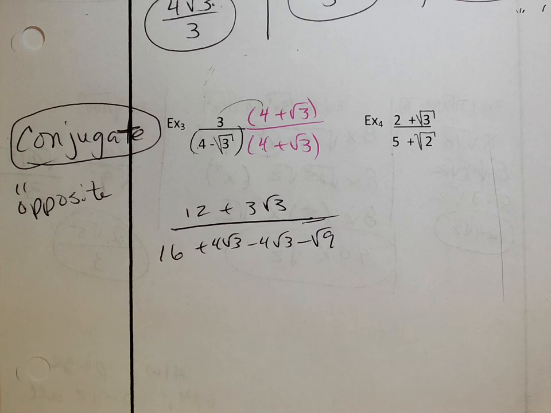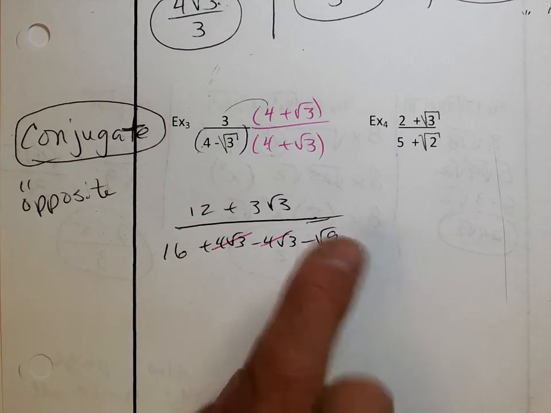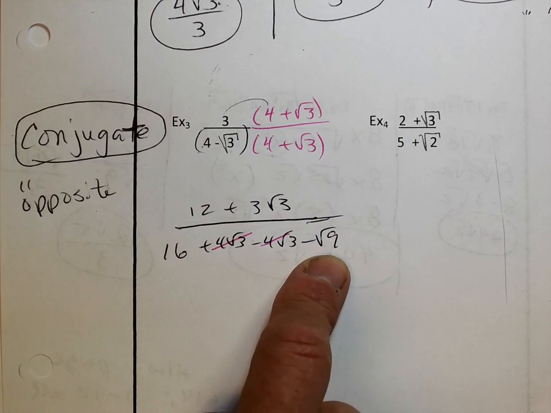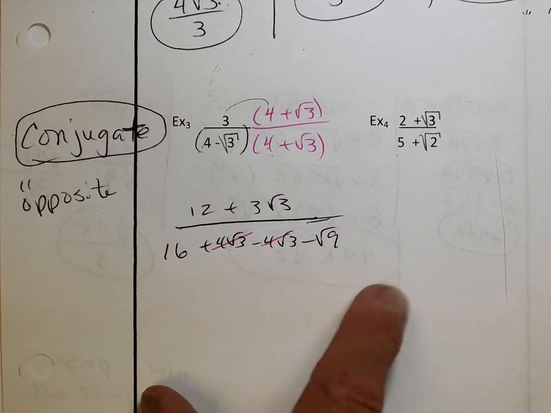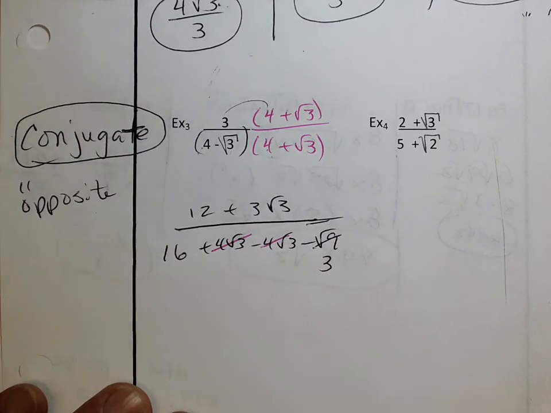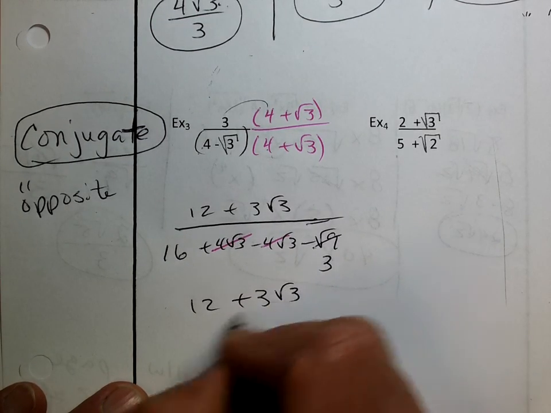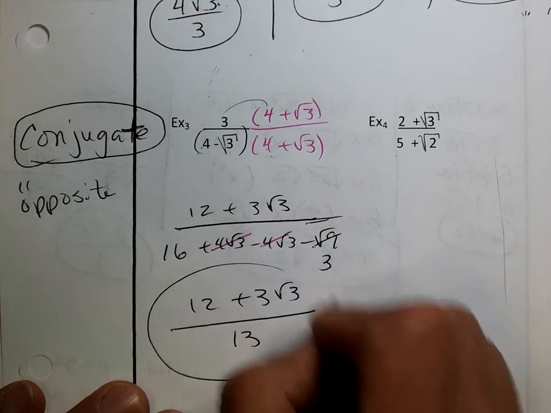Okay, but can you see how that's going to happen now? That'll cancel with that, right? You guys agree with that? And square root of 9 is 3. So all the square roots are going to be gone on the bottom, aren't they? So this becomes 3, right? So let's see, I'm going to have 12 plus 3 square roots of 3 over 13.